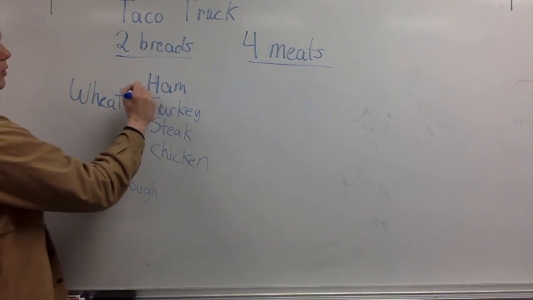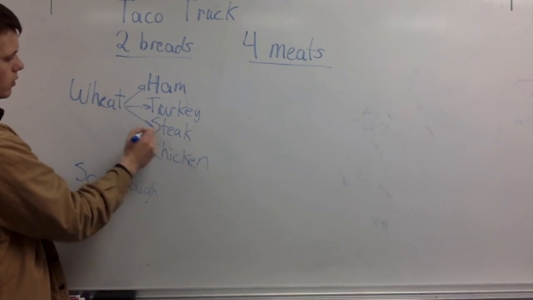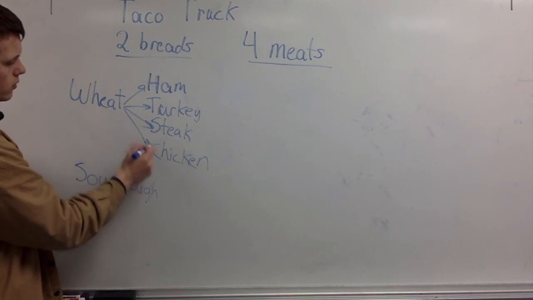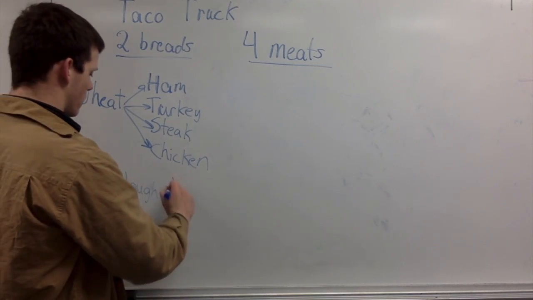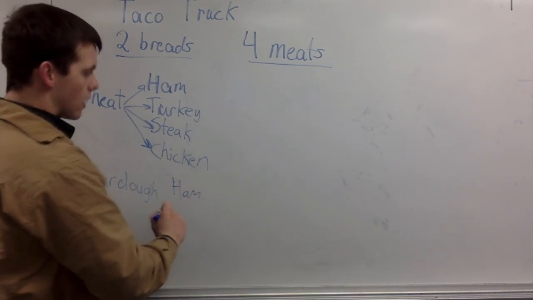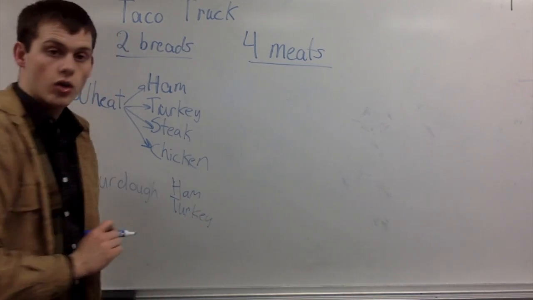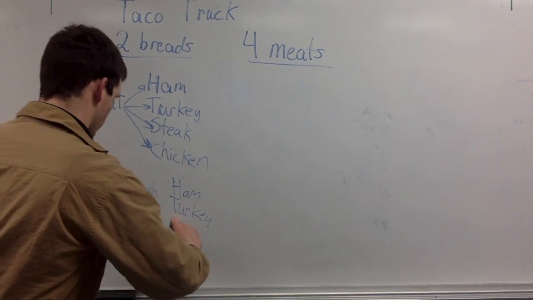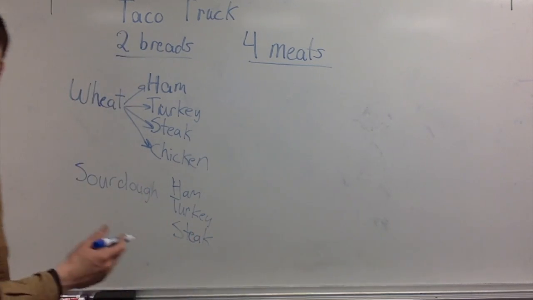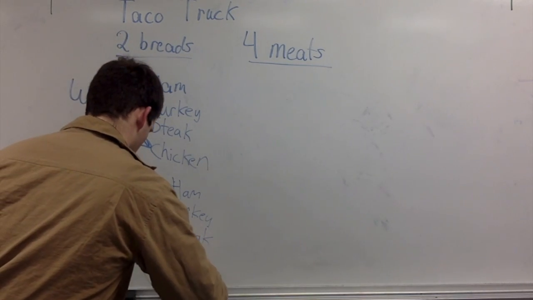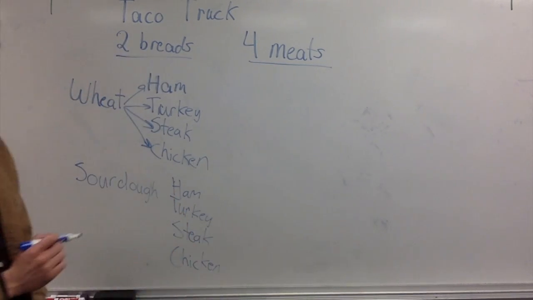So this wheat can be a ham on wheat, a turkey on wheat, a steak on wheat, and a chicken on wheat. You could also have ham on sourdough, turkey on sourdough, steak on sourdough, or chicken on sourdough.